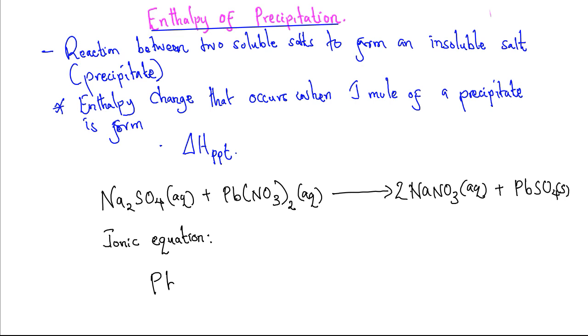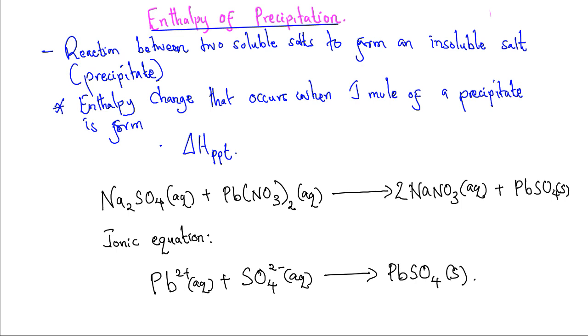That will give lead ions plus sulfate ions, that is from the sodium sulfate solution, leading to formation of lead 2 sulfate, that is the white precipitate.